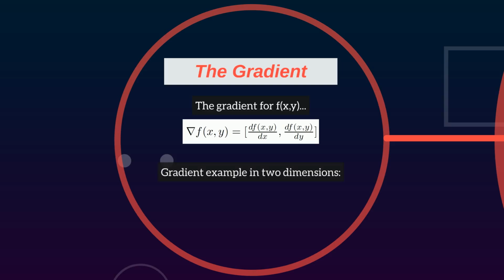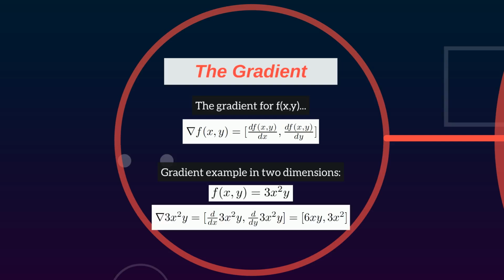So if we actually have an equation here, 3x squared times y, which is the equation we've been using up until this point, the gradient of f of x, y in this case would simply be both partials. The first being the derivative with respect to x, and that derivative being 6xy. Thinking back to our partials, we hold the 3 and the y as a constant. So the derivative of x squared is just 2x. Multiply that by the 3 gives us our 6xy.